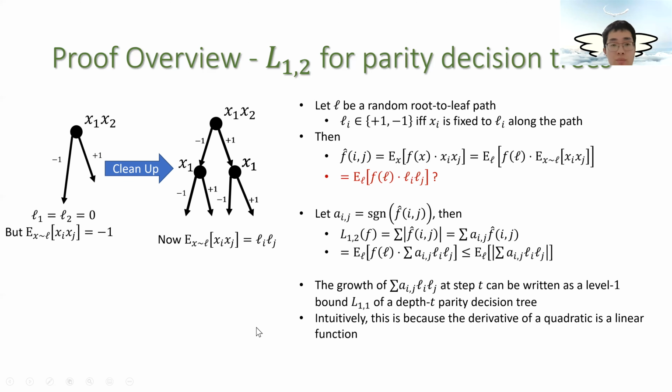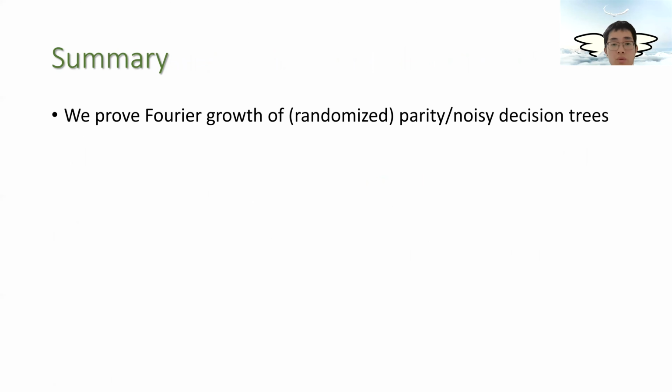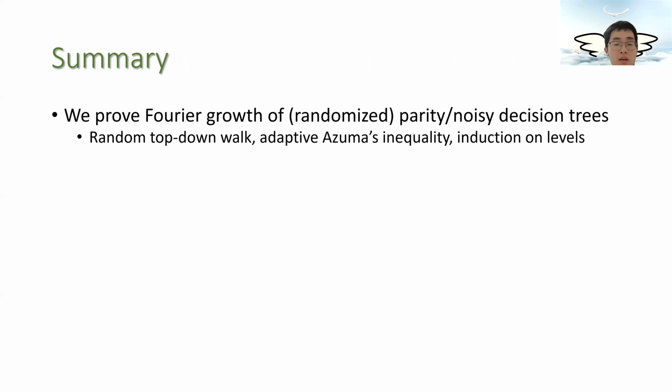And then we promote the second level bound to the third level and up to level k. In summary, we prove Fourier growth of randomized parity decision trees and noisy decision trees. And our technique is by first viewing the Fourier sum as a random top-down walk of the tree, and then using an adaptive version of Azuma's inequality, and then induction on the levels of Fourier bounds.